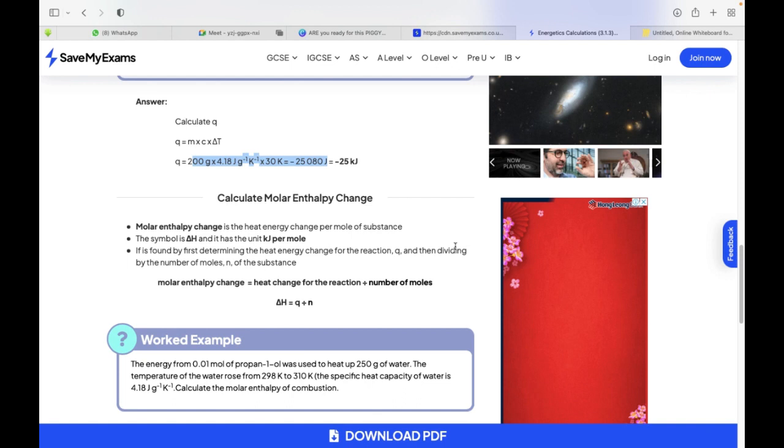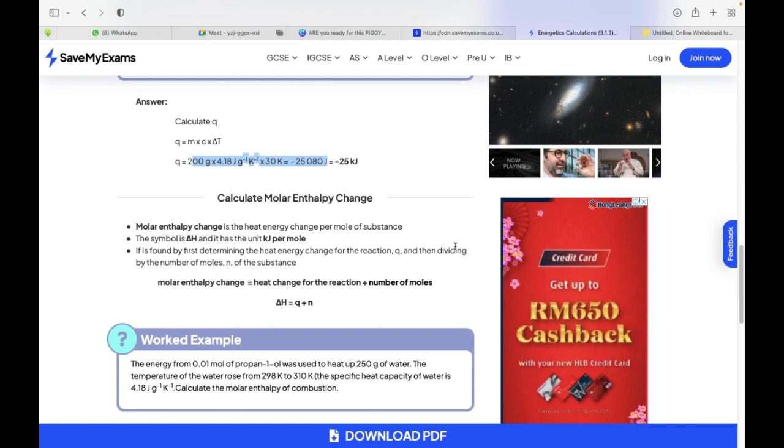We're going to find the heat energy per mole that takes place for every unit of mole in a reaction. We can calculate this in the unit of kilojoule per mole. It is found by first determining the heat energy change of the reaction.